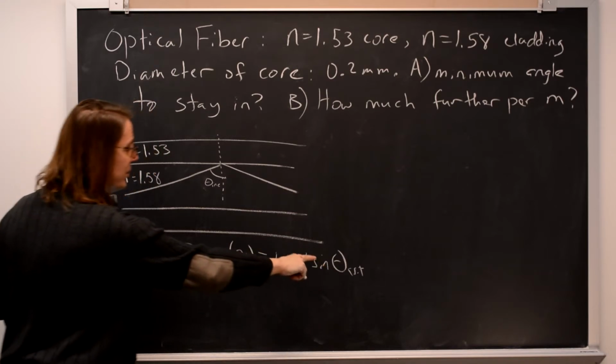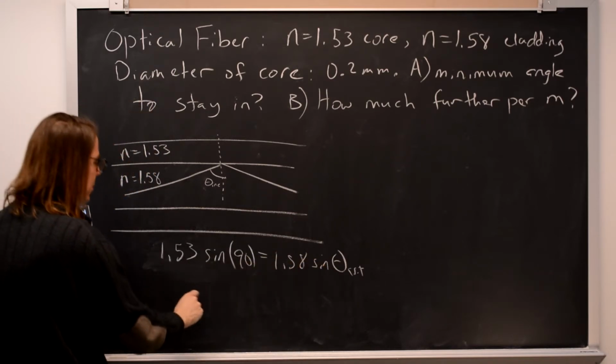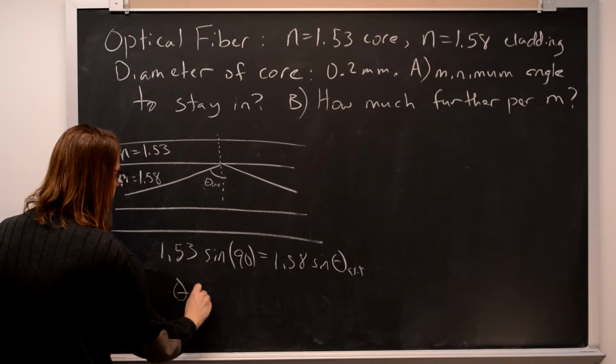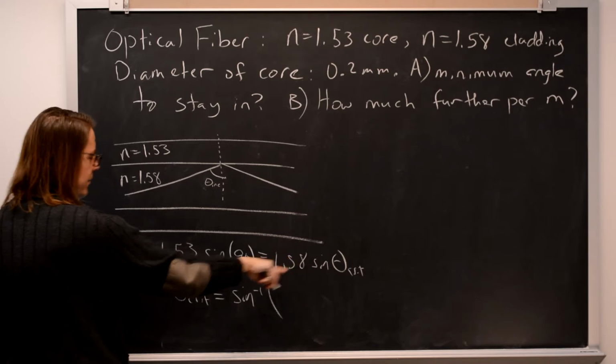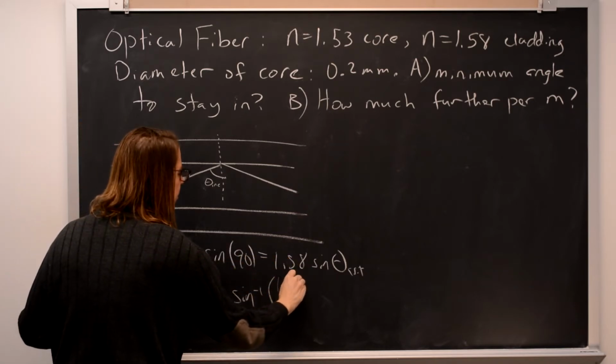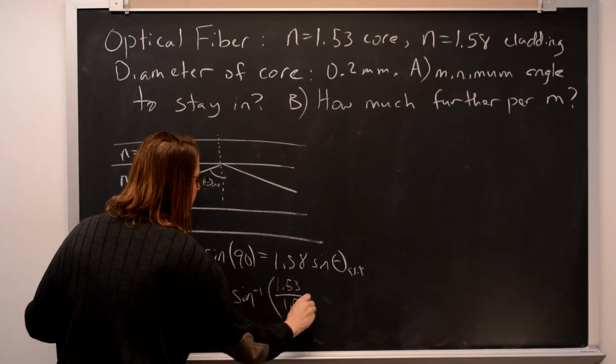So it's really where the sine of the critical angle equals 1.53 over 1.58. Or you could go ahead and take the inverse sine. It's the inverse sine of 1.53 over 1.58.